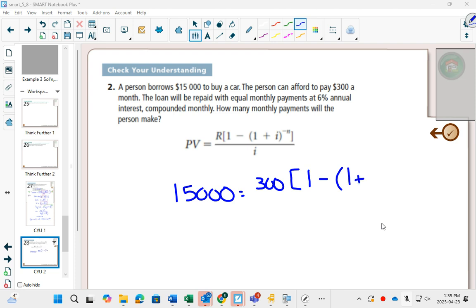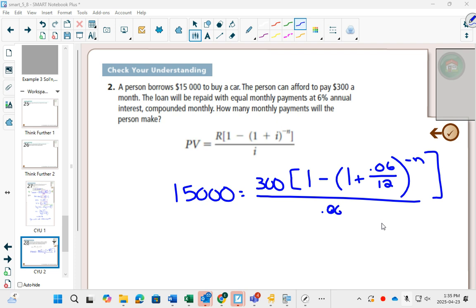But it would tell you that the i is the interest rate per compounding period as a decimal. So it'd be 0.06, it's compounded monthly, divided by 12, to the negative n, square bracket, all divided by 0.06 divided by 12. And I'll take the purple box out again and highlight the power.